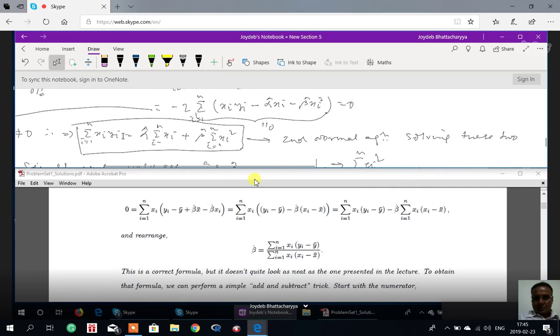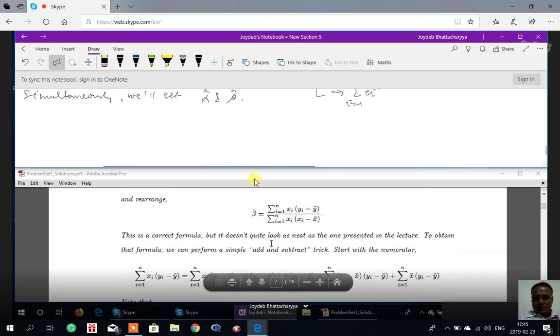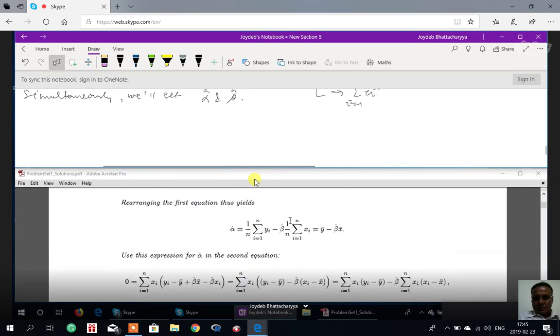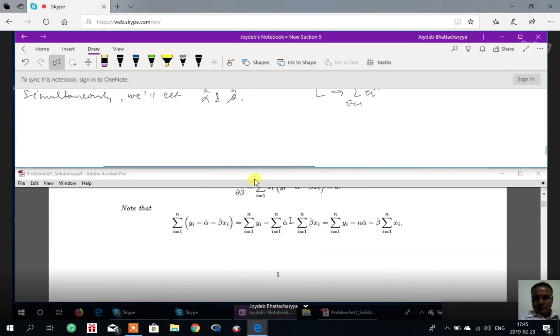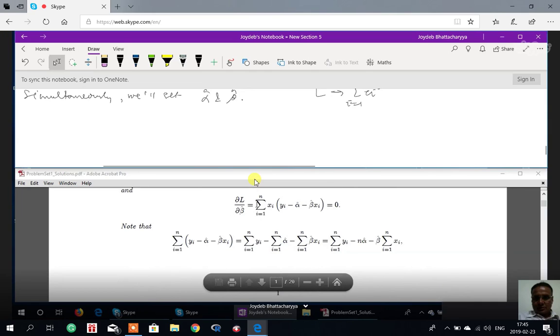We can actually remove one through the process of elimination, a simple simultaneous equation solution, by equating two terms and then neutralizing one, we can have the estimate of the other term. If you do that, this will be your expression for the alpha hat and beta hat estimates, like what they have done here. Up to this is your second normal equation.